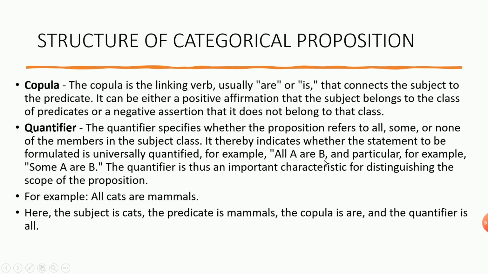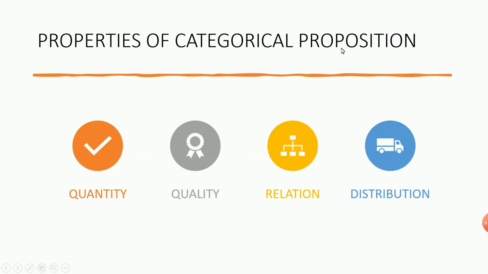For example, all A are B is universal, and some A are B is particular. Here all means complete, some means either half or less than complete. The quantifier is thus an important characteristic for distinguishing the scope of the proposition. So in all cats are mammals, all is the quantifier, all cats as a whole is the subject, are is the copula, mammals is the predicate. This is the structure of a categorical proposition.